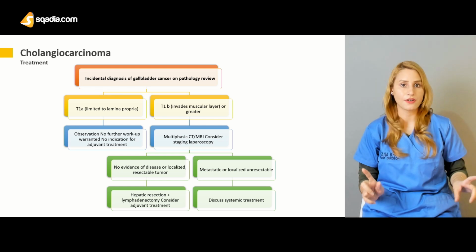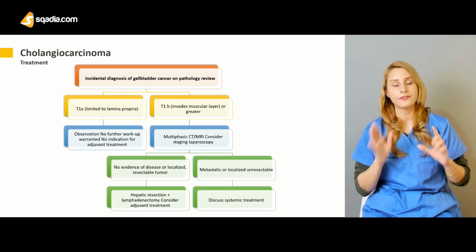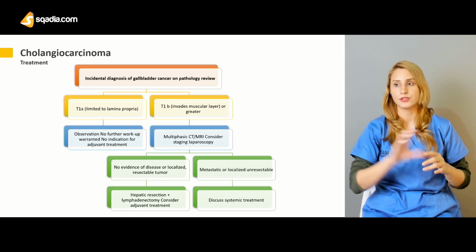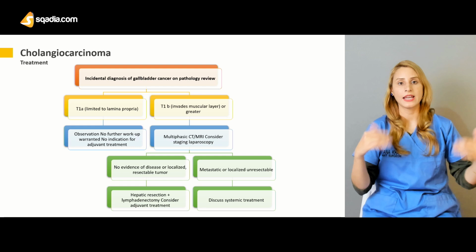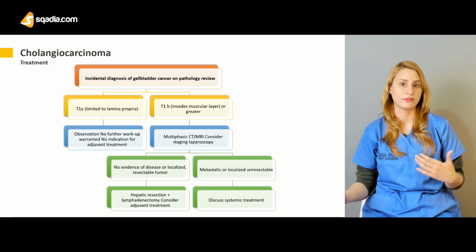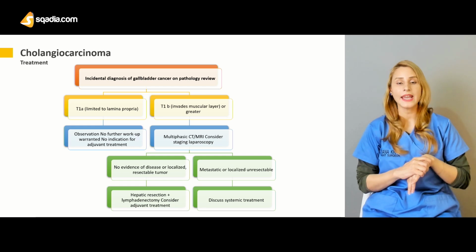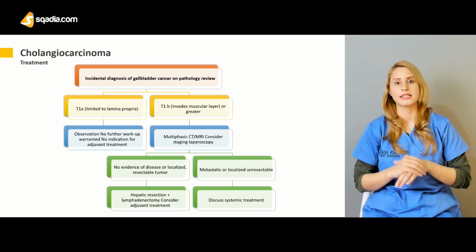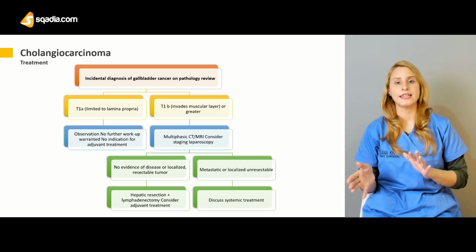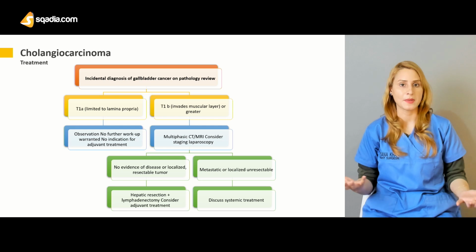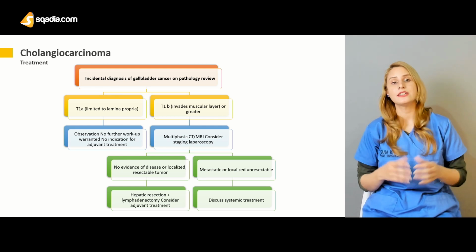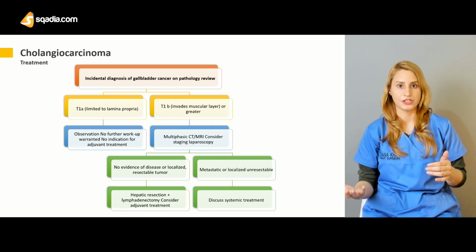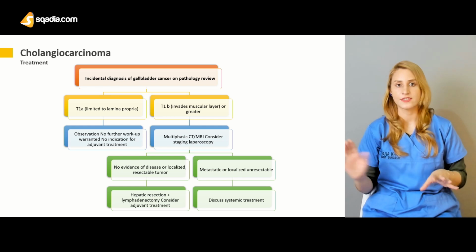So follow these algorithms, because if you took a biopsy and that came out to be positive, then you have to plan the surgery accordingly. You have to go for radical resection of the tumor, like radical cholecystectomy. But if there is an incidental finding, where you were suspecting a polyp but on biopsy it came out to be cancer, then you have to observe your patient, okay, if the stage is T1A.